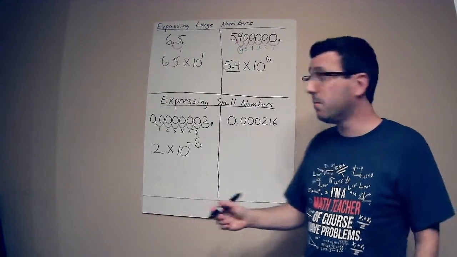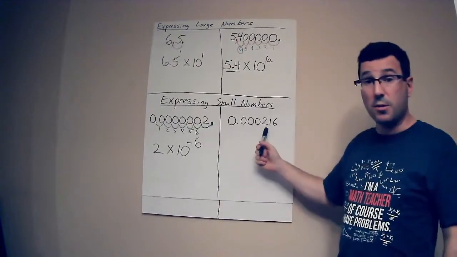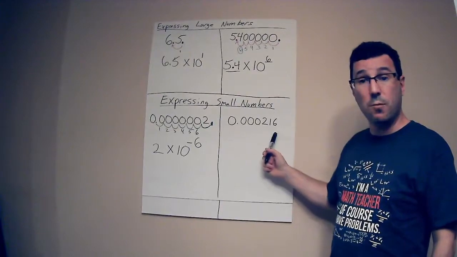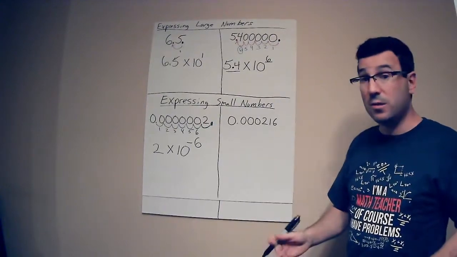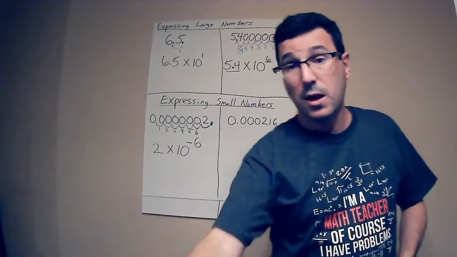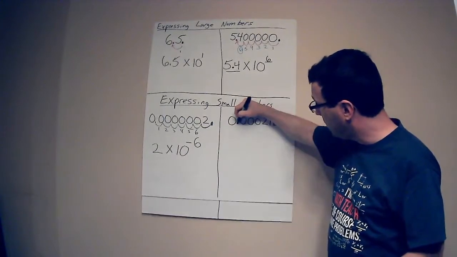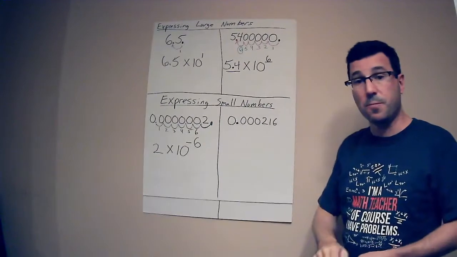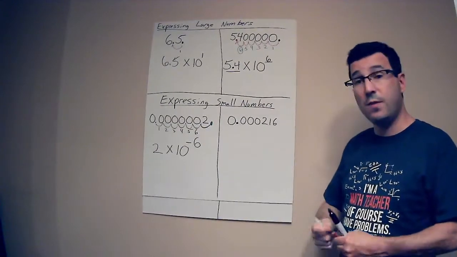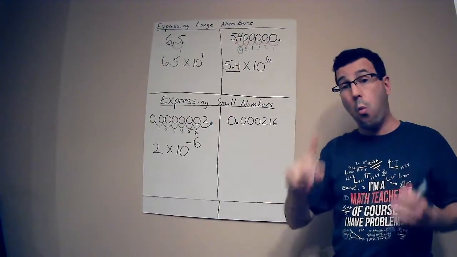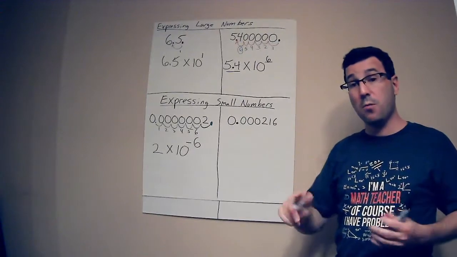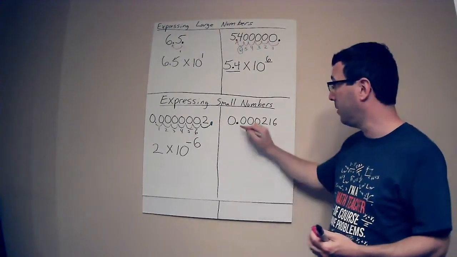Not bad. Here's one, and notice, we have more than one number over here. I'm still going to do the same thing. I already have a decimal right there, I'll make it a little larger, and I'm just going to move that until I have one non-zero number to the left of the decimal.